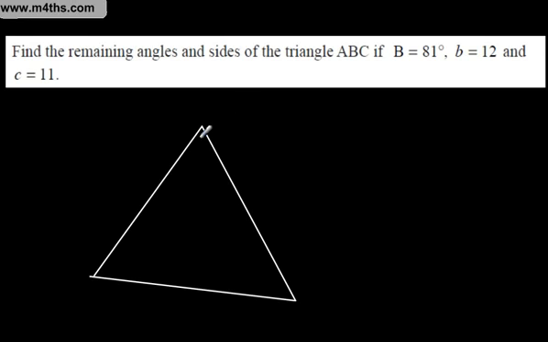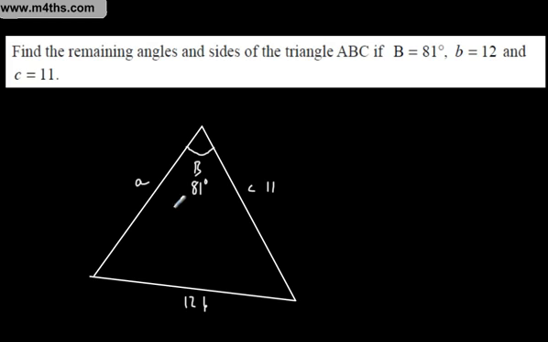This will be angle big B at the top, which we're told is 81 degrees. So little b, its opposite, will be 12. We can call this one little a, and this is going to be little c, which is equal to 11.